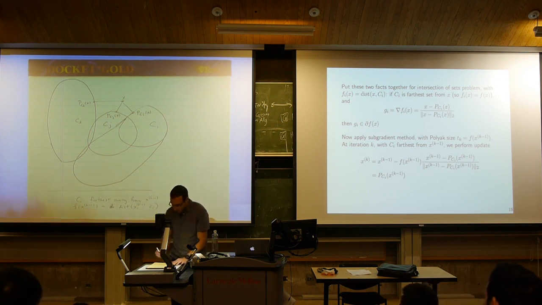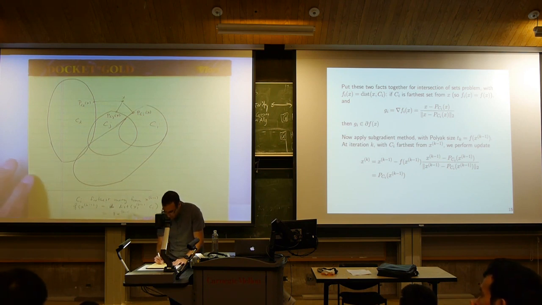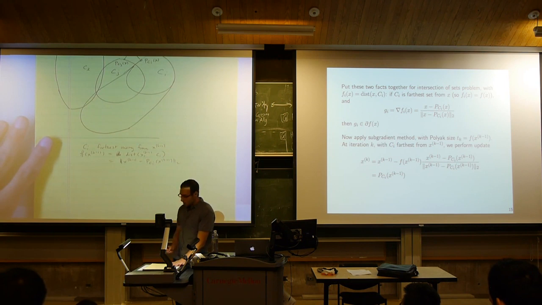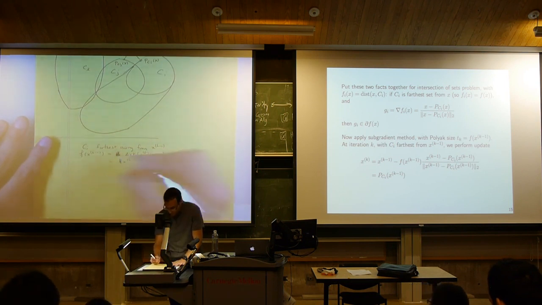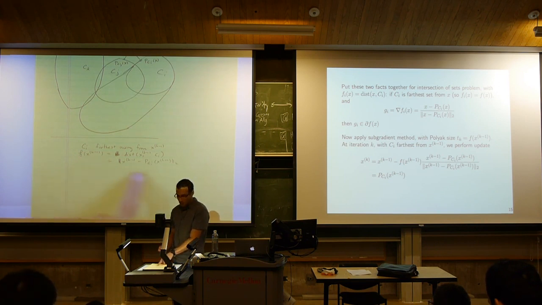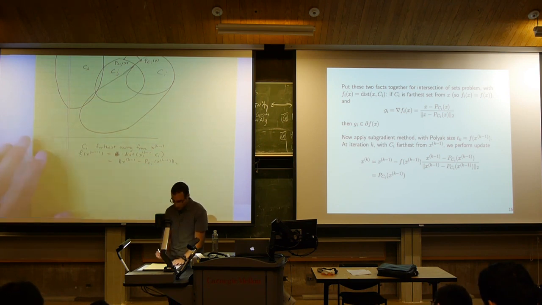That's how we defined it. And that is nothing else than xk minus 1 minus the projection of xk minus 1 onto the set Ci, take the 2 norm of that difference. That's just the definition of the distance function. So in other words, if Ci is the set that's farthest away from xk minus 1, the criterion value is exactly this quantity, the 2 norm of the difference between xk minus 1 and its projection onto Ci.